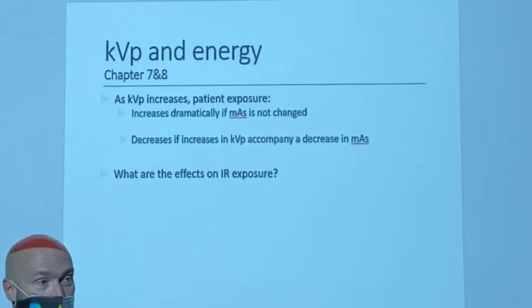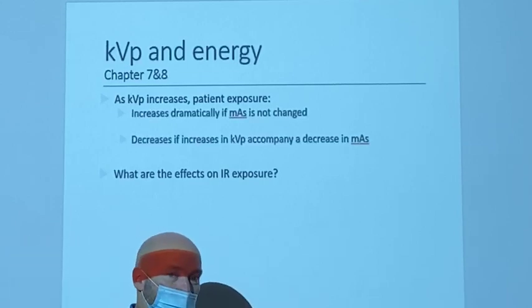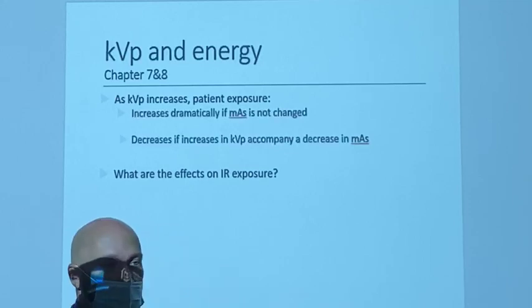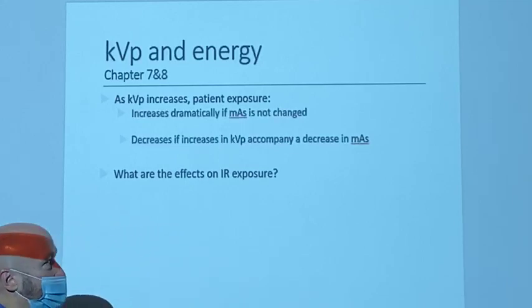It's gonna be a better dose than a low KVP high mass dose, but it's not gonna cut your dose in half for the patient, okay? So as KVP is increased, patient exposure will increase dramatically if mass is not changed. So increase by 15% KVP, reduce your mass by a factor of 2, your dose goes down. It decreases if we have an increase in KVP and a decrease in mass.